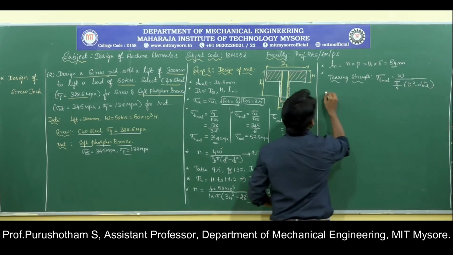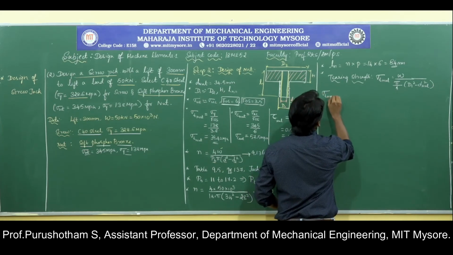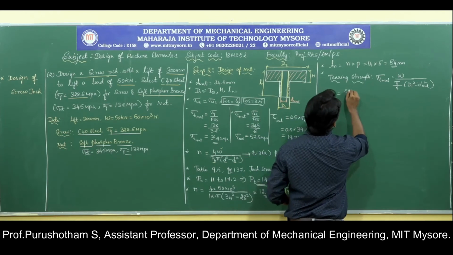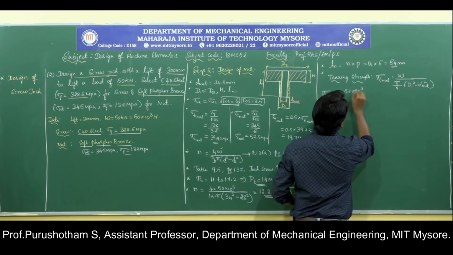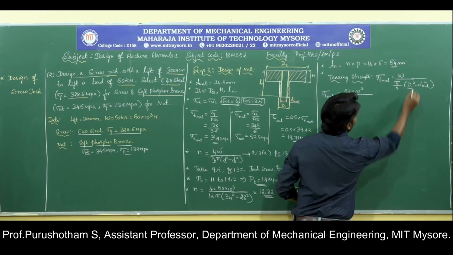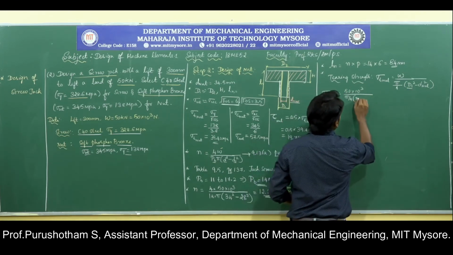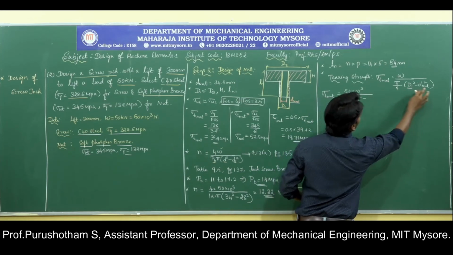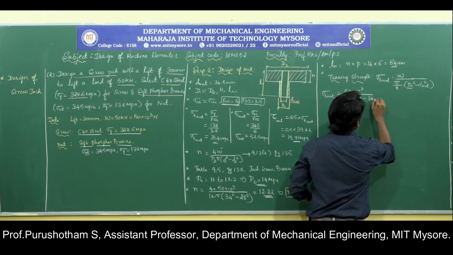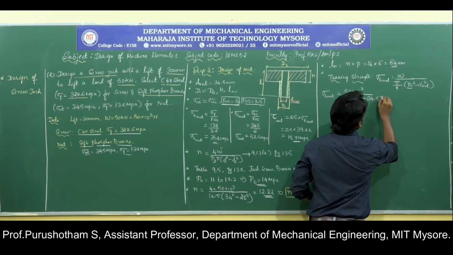If you simplify this, sigma T of nut is given by W, which is 50 into 10 power 3, pi by 4 times d1 square minus d of nut, 34.5, whole square.